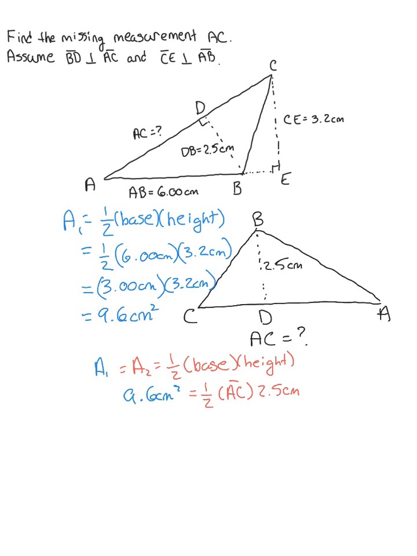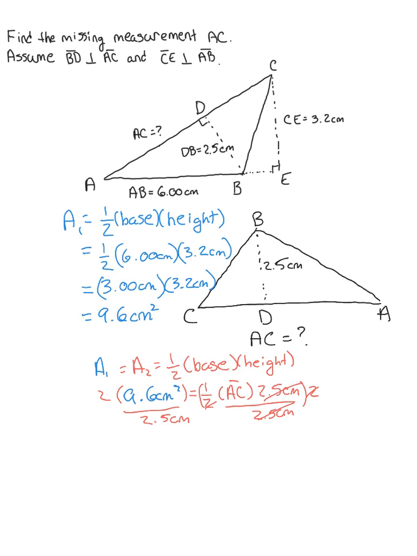So if we arrange the math and multiply both sides by 2, those 2's will cancel. And if I divide the right-hand side and the left-hand side by 2.5 centimeters, that will cancel.